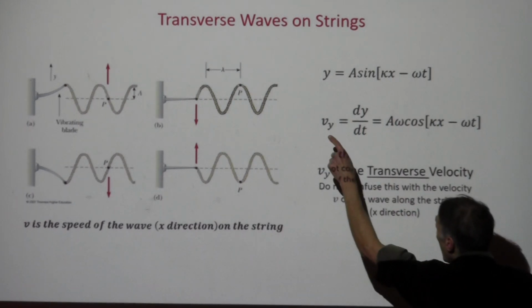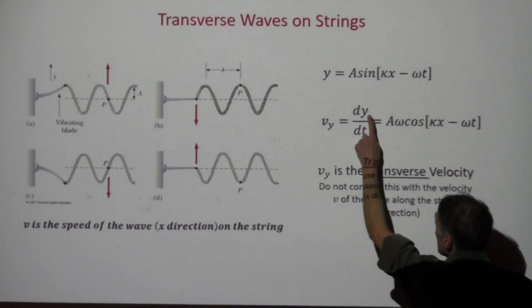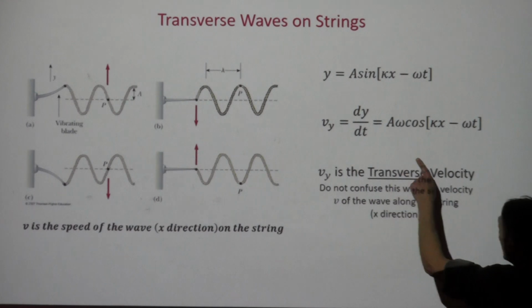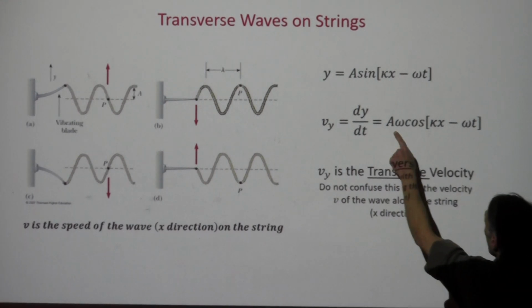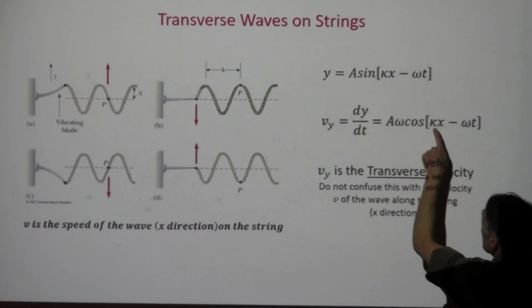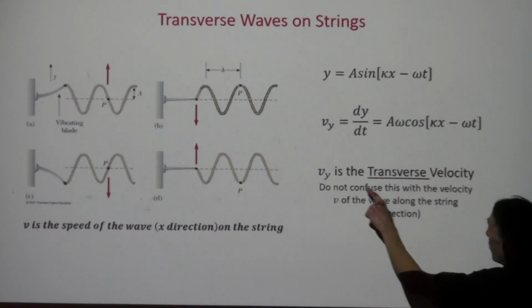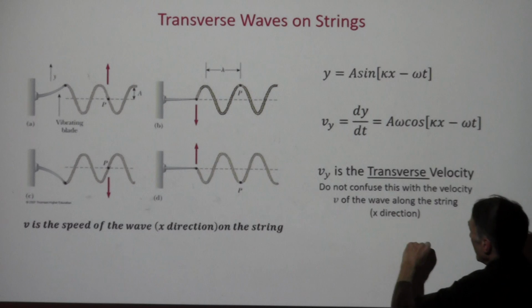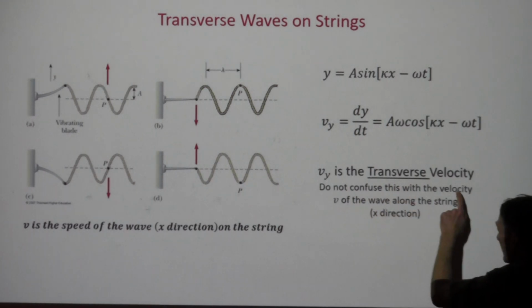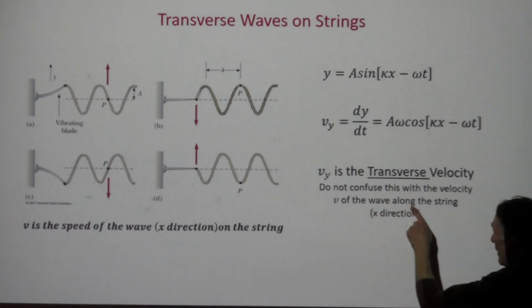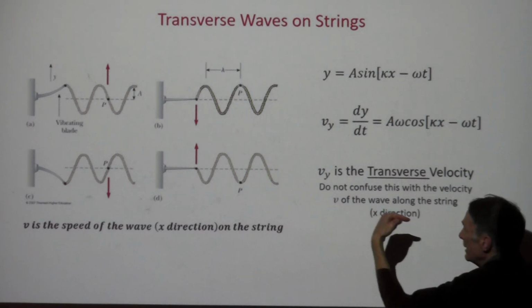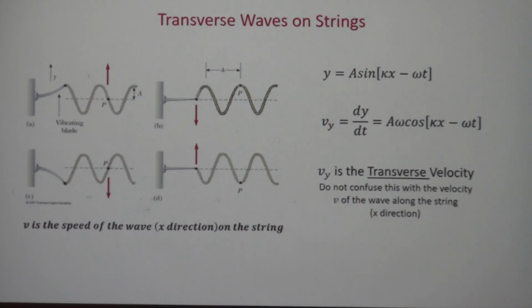The velocity up and down of any point here is going to be dy dt. Taking the derivative, we end up with this. I think the math is pretty obvious. And v sub y is the transverse velocity. Again, do not confuse this with the actual velocity of the wave that is going along the x-axis, in the x direction.